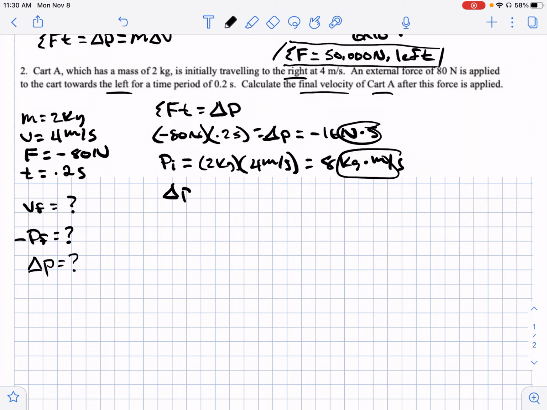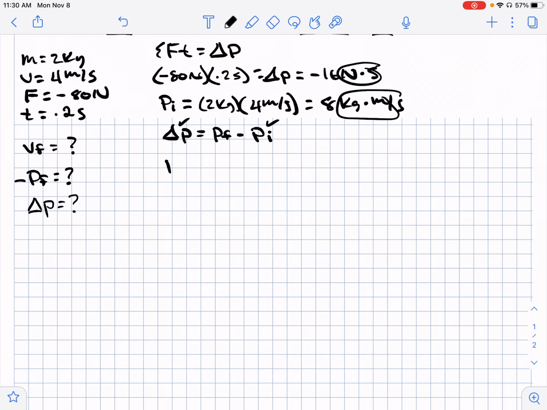So let's go in and solve for this final momentum. We have delta P is equal to the final momentum minus the initial momentum. We have the change and we have the initial. We're going to solve for the final momentum, so I'm going to add the initial momentum over. Your final momentum is just going to equal the change in momentum plus the initial momentum. And we found our change in momentum.